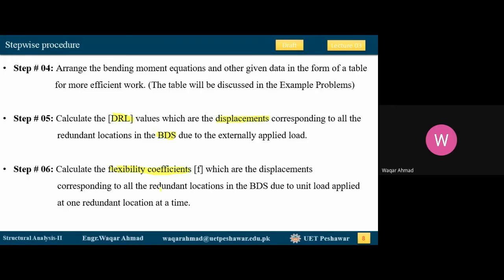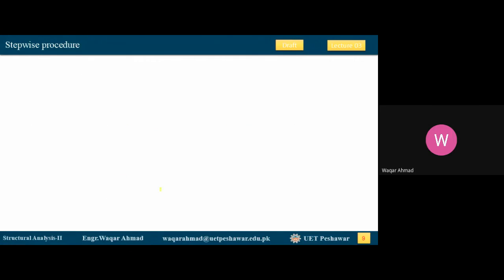Then in the next step, you again apply a unit load at the other redundant location, and in the same way you find the deformations at the remaining redundant locations. This gives you the flexibility coefficient matrix.